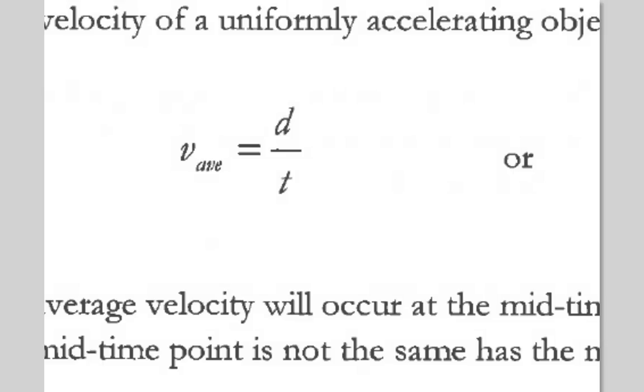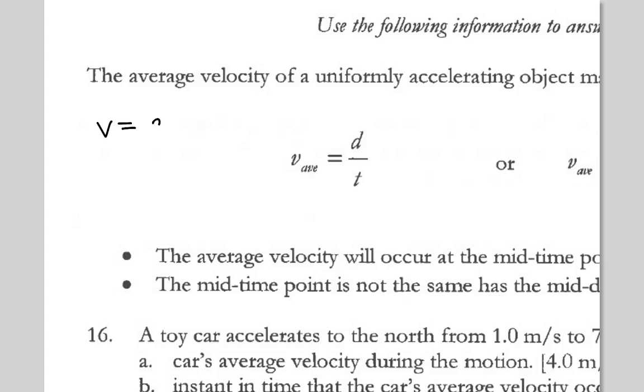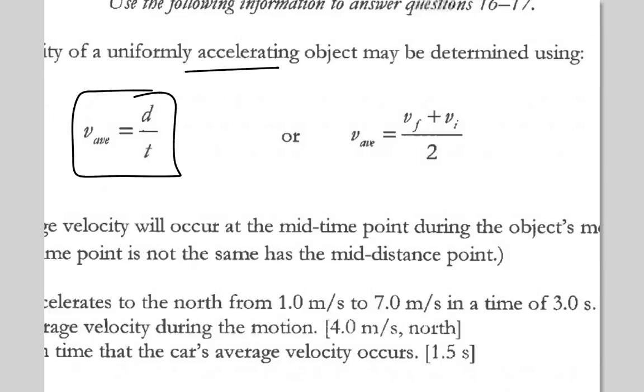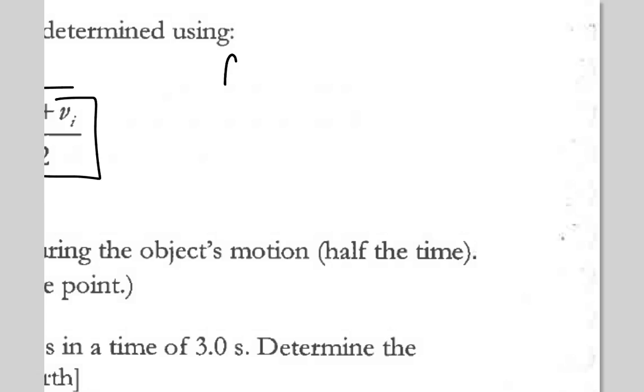Now I told you that you only use this formula if it's uniform. Remember I said that? If you want to use this formula for an accelerating object, you can, but you have to keep in mind that the average is this formula here. Okay? And this is on your formula sheet. I'll point to it on your formula sheet. So, formula sheet, it looks like this.